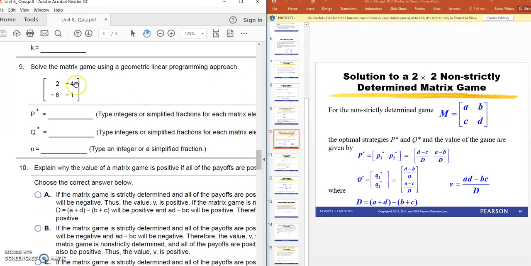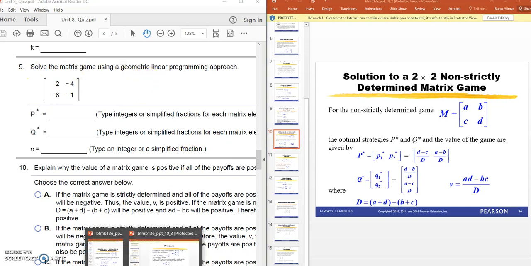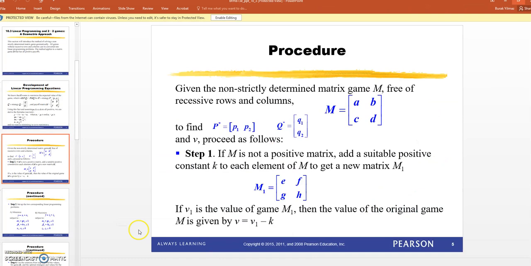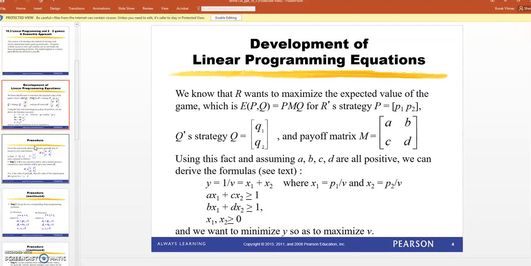Number 9, solve the matrix game using a geometric linear approach. Let me show you the geometric linear approach. Here, this is the 10.3 slide deck, the geometric approach.